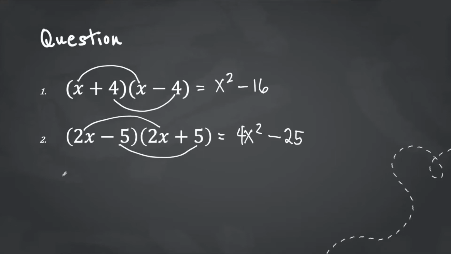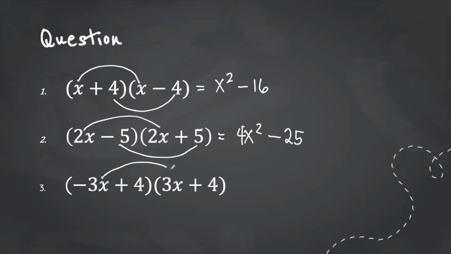And the third example, negative 3x plus 4 times 3x plus 4. If we multiply the first terms, it will be equal to negative 9x squared. And the second terms will be equal to positive 16.